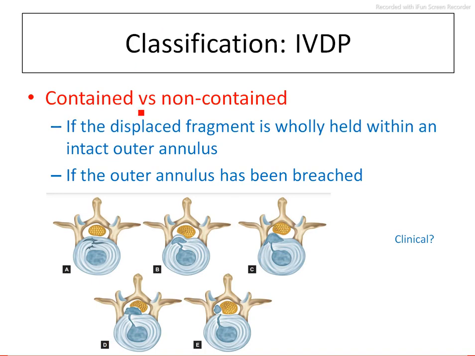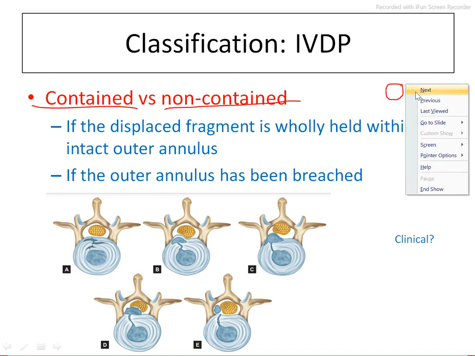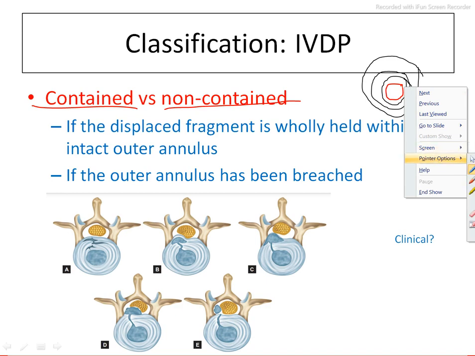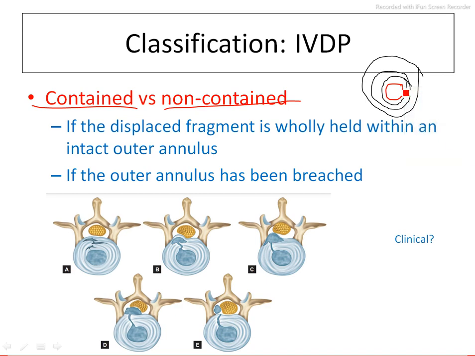Another term is content versus non-content. As we have already discussed, this is your nucleus pulposus. Around the nucleus pulposus, what was there? It was the annulus fibrosus. Suppose this is your outermost annulus fibrosus. Now let's say there is certain bulging. So you see here, the content of the nucleus pulposus has been prolapsed.